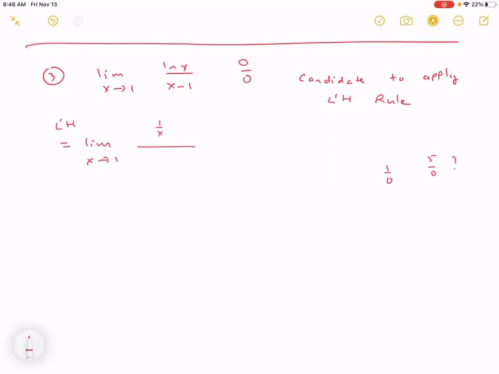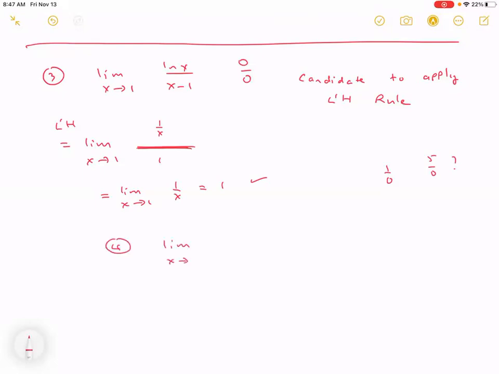And the derivative of x minus 1 is 1. So what is left here? This is not L'Hopital's rule, but I'm just rewriting the function. 1 over x. So just plug in 1 for x. What do you get? 1.